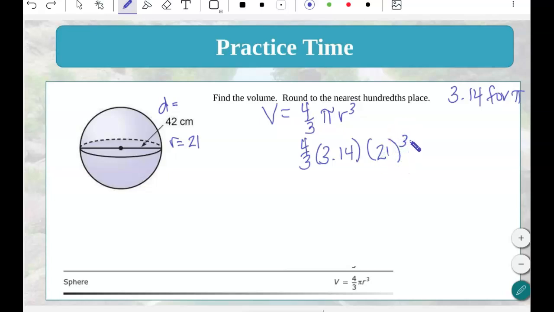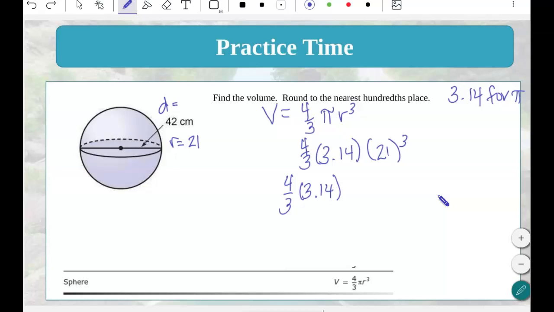Ooh, that's going to be a very large number, I predict. So you put in 21, use that caret key to the third power, 9,261. Then we have to take that answer and multiply it by 3.14.